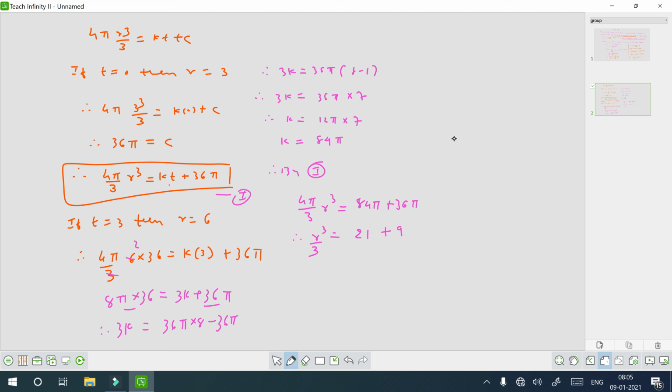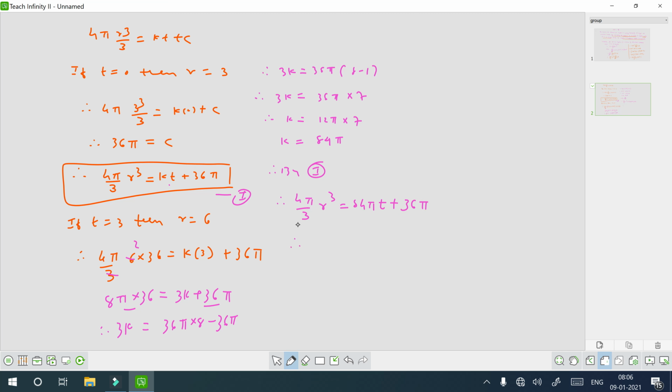Clear? Replacing the value of k in result 1, 4 pi by 3 r cube is equal to 84 pi t plus 36 pi.